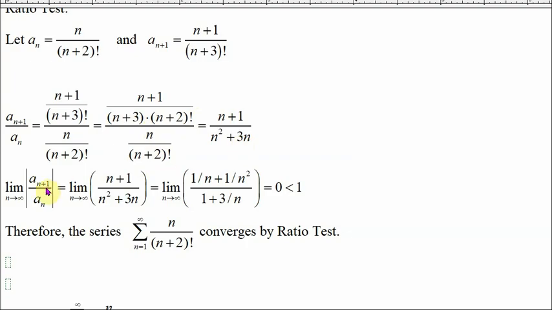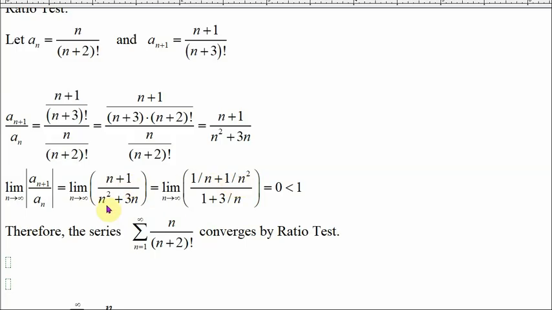The limit of the ratio a sub n plus 1 over a sub n as n approaches infinity is the limit of (n plus 1) over (n squared plus 3n) as n approaches infinity. For this expression, let's divide everything by n squared. N divided by n squared is 1 over n. 1 divided by n squared is 1 over n squared.